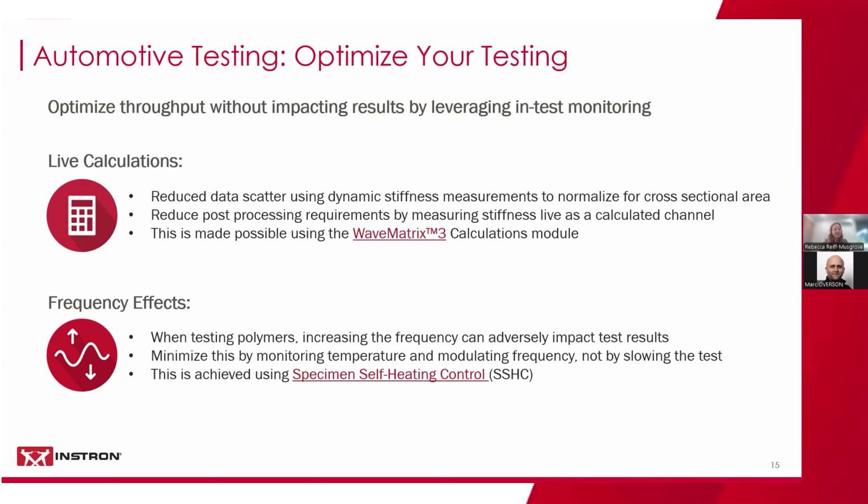Aptly named, this is the specimen self-heating control module. There's definitely a lot of industry currently looking at the effect of self-heating. There's currently a campus project looking at formalizing and standardizing how we can counter for frequency effects. So that is just a few ways of optimizing testing in automotive.